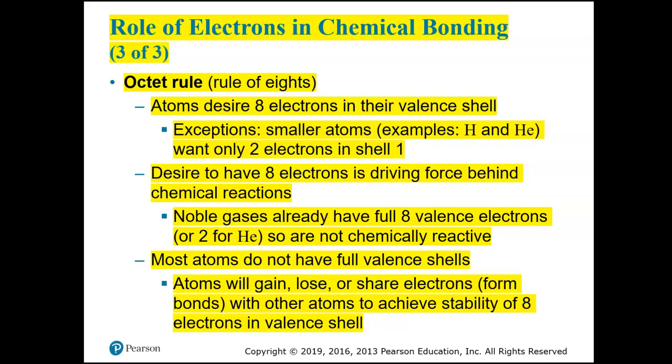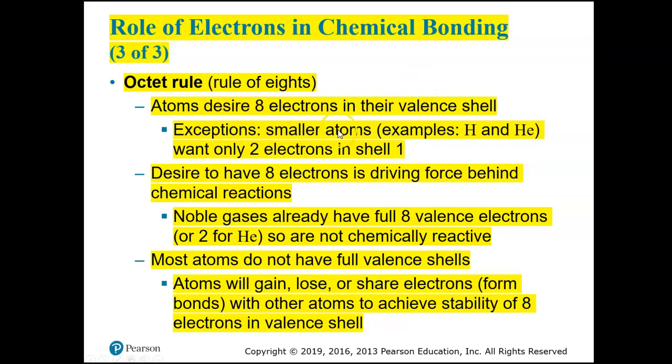Desire means a conscious wanting of something, but they are stable with 8 electrons in their valence shell. But most atoms don't have 8 electrons in their valence shell. So they'll either lose or gain electrons in order to have a complete outer shell of electrons, a complete valence shell of electrons.